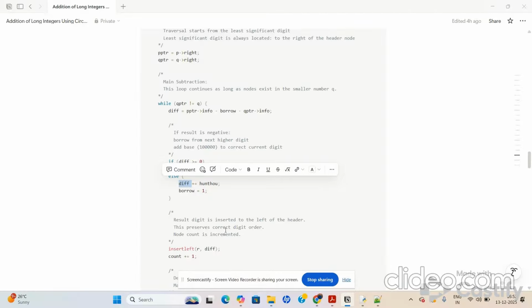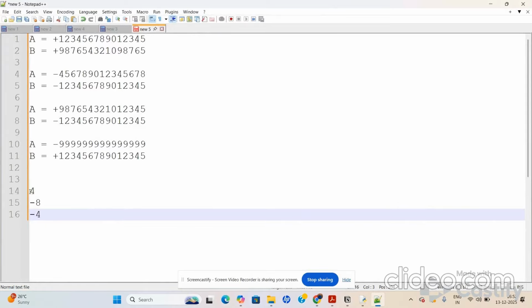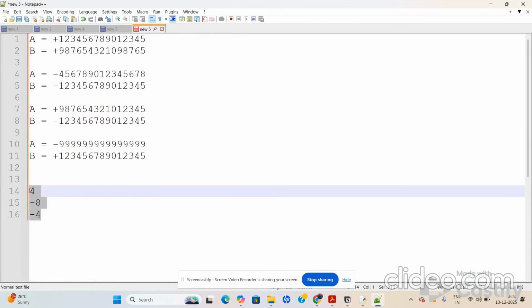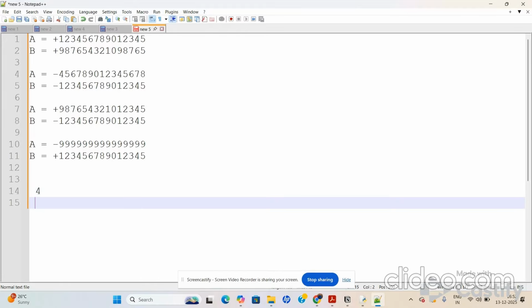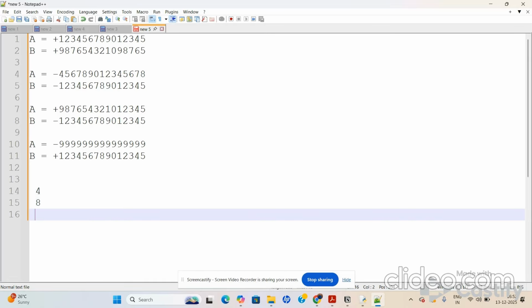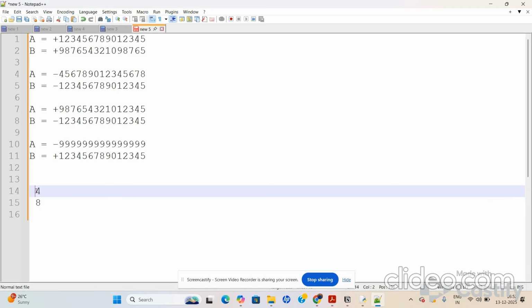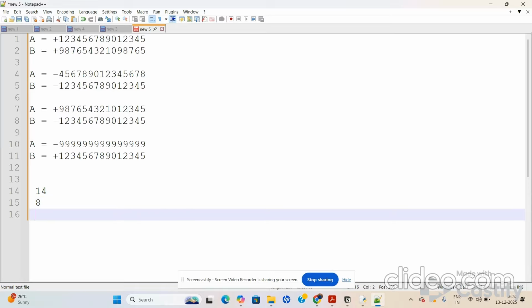Okay, so if you can just recall, you have 4 and you have 8. Okay, so 8 cannot be subtracted directly from 4. So what you do is you take a borrow of 1. So then what is the value?